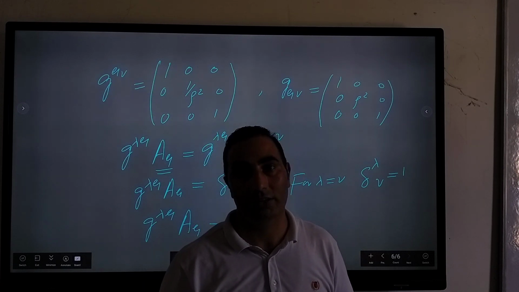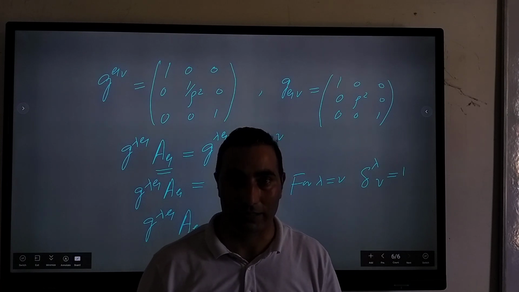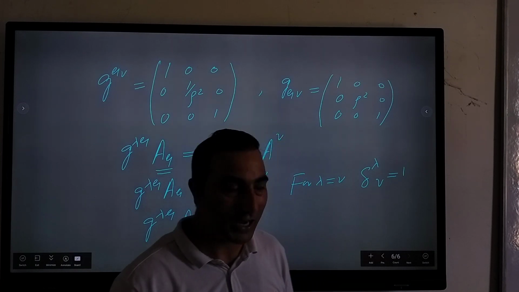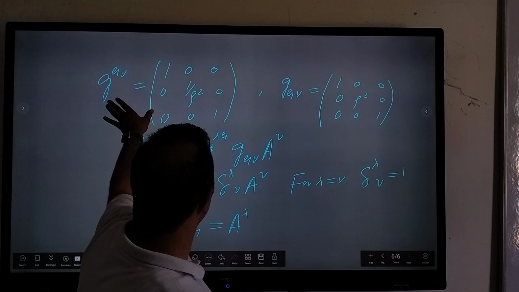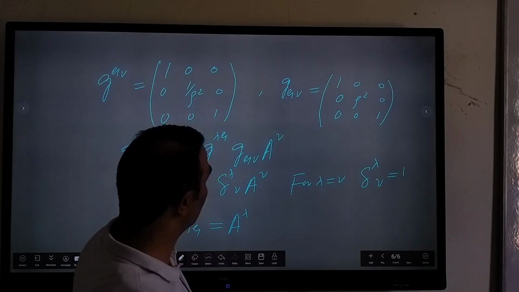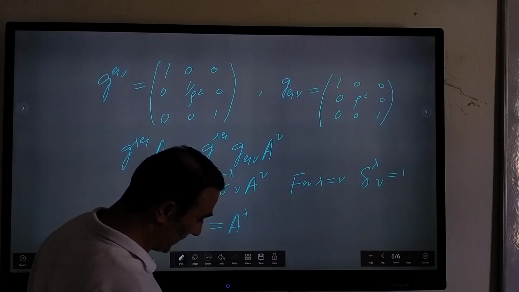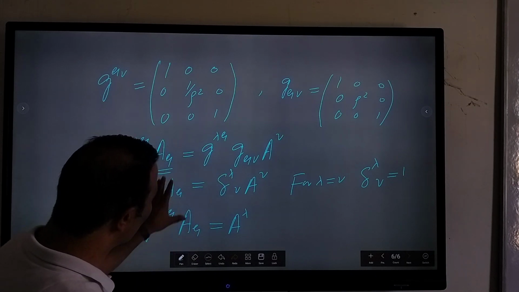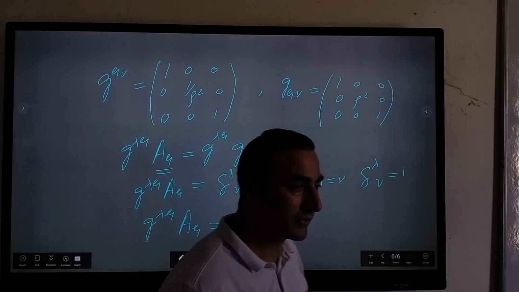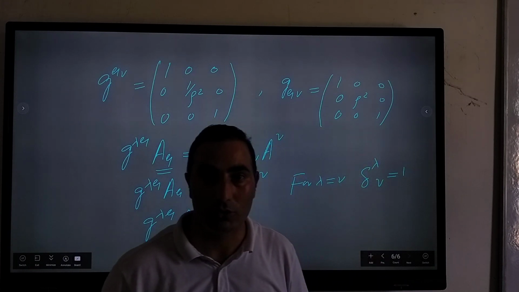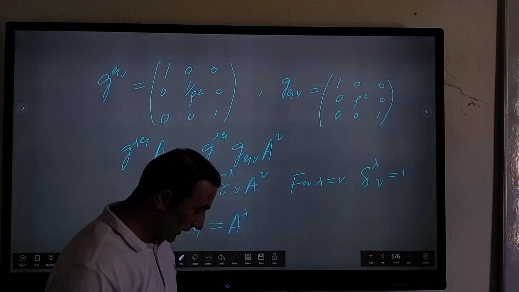Multiplying by this dual vector, so you will get the regular vector. So this is how you can relate them. So that means for every vector G, we can have the corresponding inverse, that is our G superscript mu, right? So this was all about the properties of this matrix G mu nu.